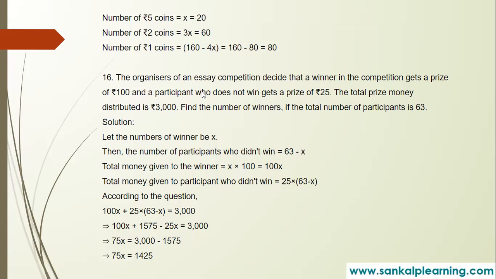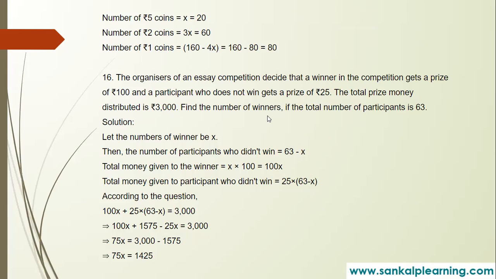Okay, children, understand the question? So a winner in the competition gets the prize. Winner gets 100 rupees. Okay, and others will get rupees 25, and the total amount is 3,000. Number of participants is 63. Then you are going to find the number of winners.